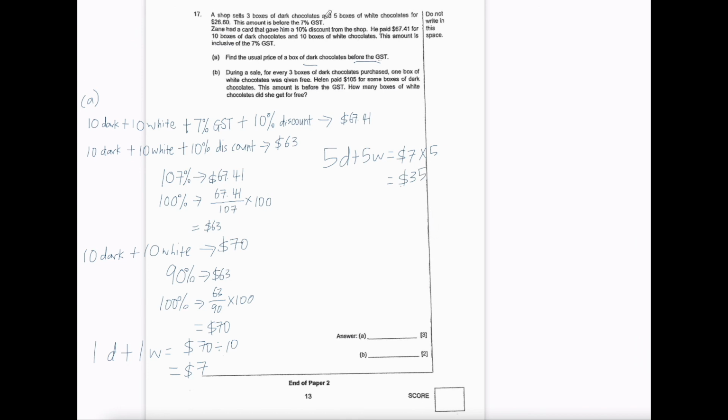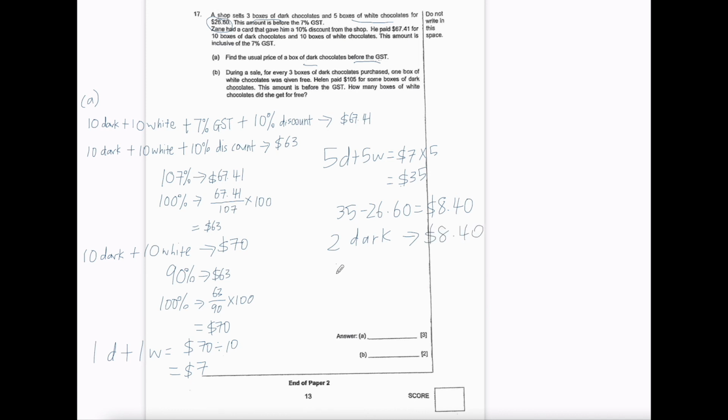Alright, so 3 dark and 5 white is $26.60, correct? So I will take $35 minus $26.60, and my answer will be $8.40. So this is the price of 2 dark chocolates.